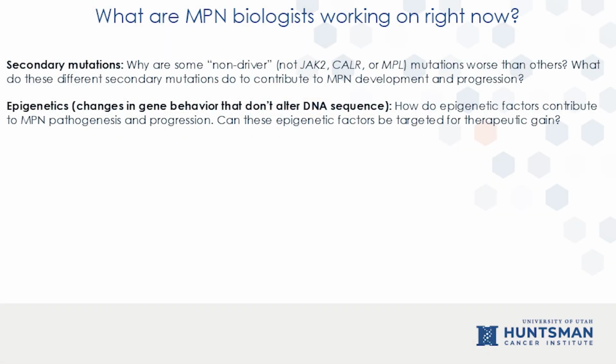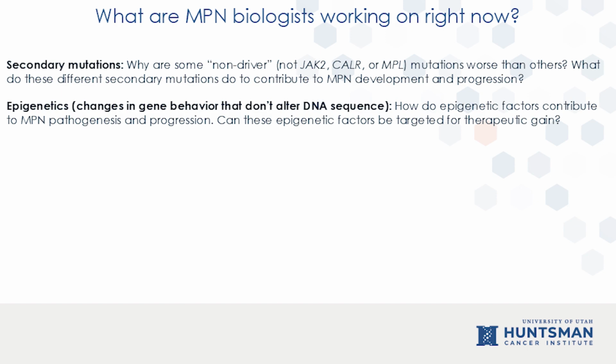And then there are other gene alterations that are not mutations, and these are called epigenetic alterations. So these change how the DNA behaves without changing its sequence. And these are actually very important in MPN pathogenesis and progression.